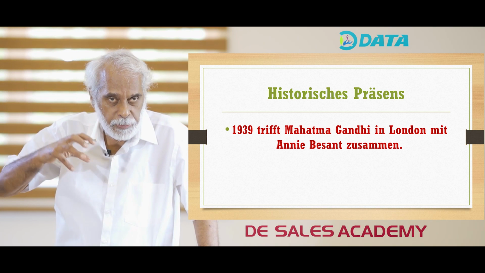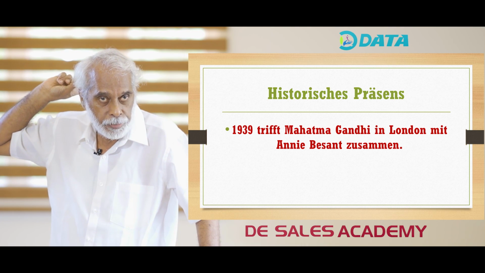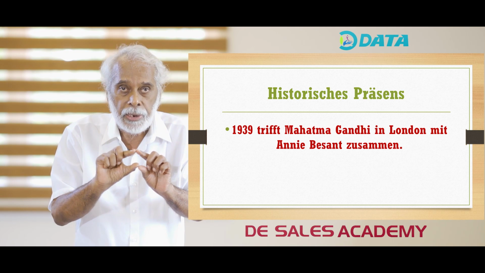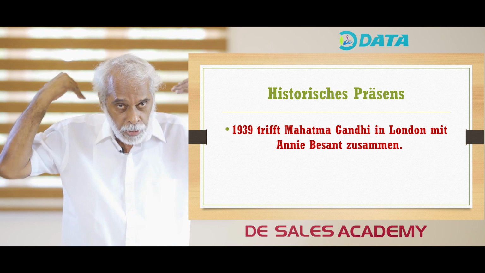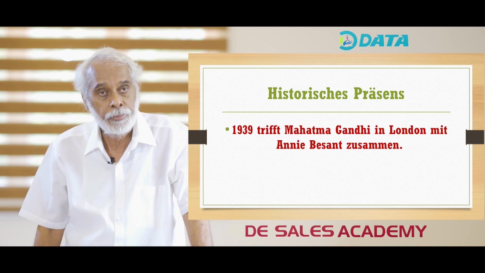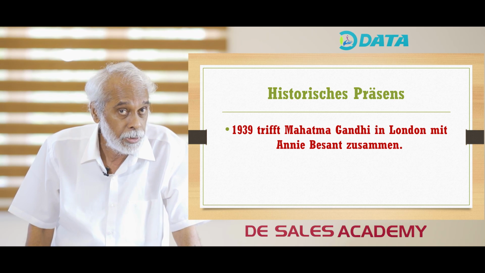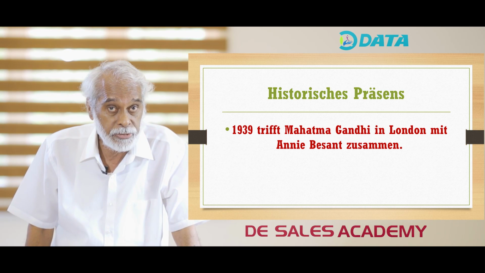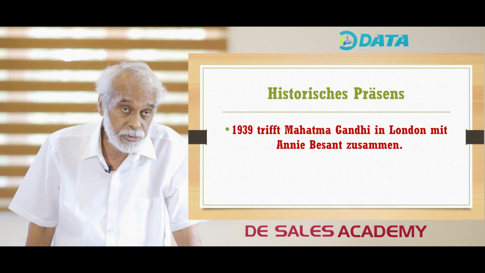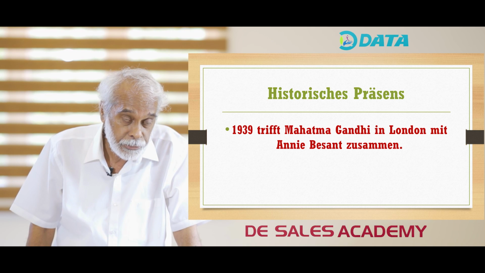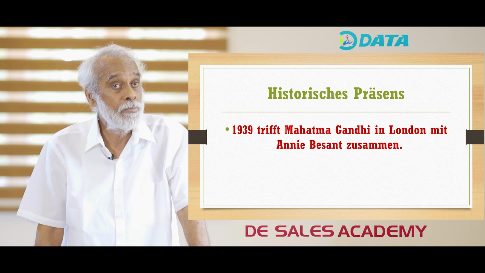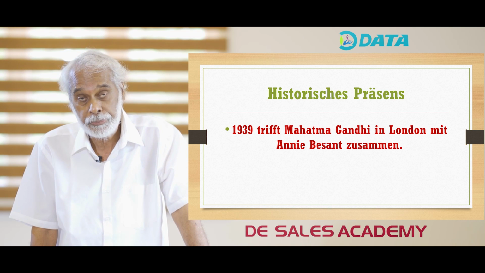They try to express what happened in the past, maybe many years ago, in a present tense sentence so that the effect, the Wirkung, will not be lost. Look at the Beispielsatz. 1939 trifft Mahatma Gandhi in London Annie Besant. Actually, this happened in 1939, many years back.